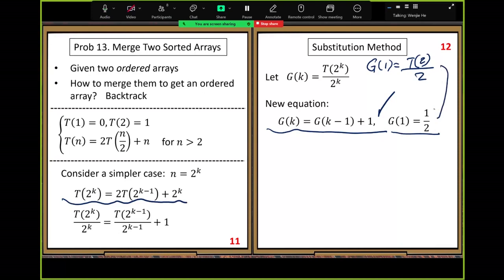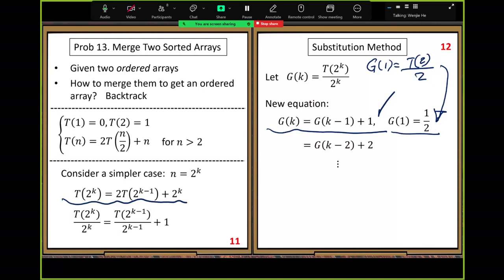T of 2 equals 1, so g of 1 is 1/2. The next iteration equals g of k minus 2 plus 2. Plug in.